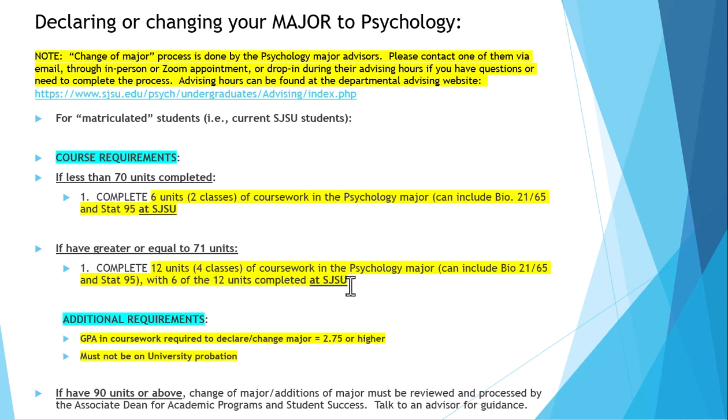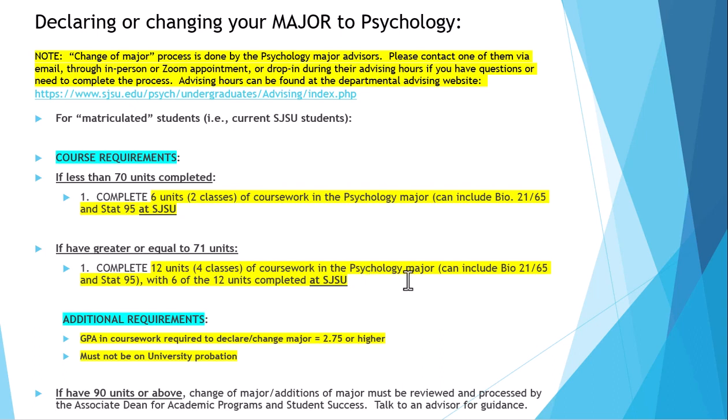So that's a criteria that is also relevant for students who have completed fewer than 70 units. Okay, so 6 of the 12 units have to be completed at SJSU, or all 12 units or all 4 classes can be completed at San Jose State, but you have the option.